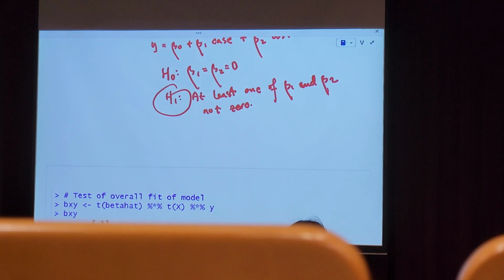So you need further tests. Maybe one of them, maybe both of them. But if you do not reject H0, then quite likely this will be true, and it simply means your model is pretty much useless. Okay? Because it says your response does not depend on your regressors.